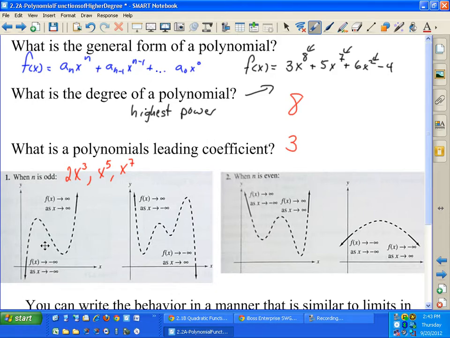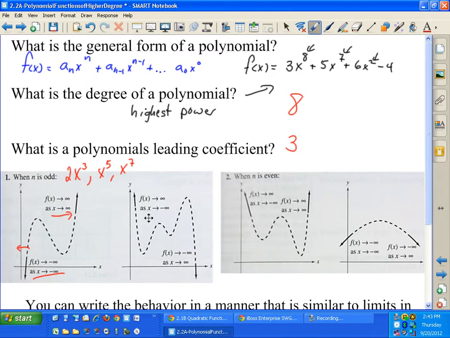As x approaches negative infinity, as we're going this way, our y values go to negative infinity. If we're going x to positive infinity out that way, our y values go to positive infinity. That's standard if n is an odd number.